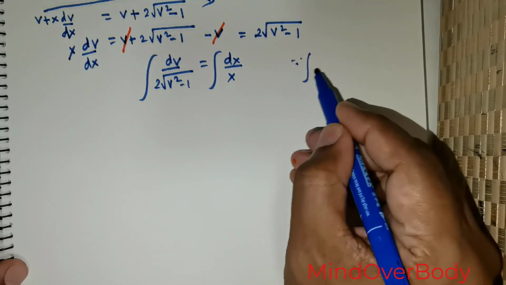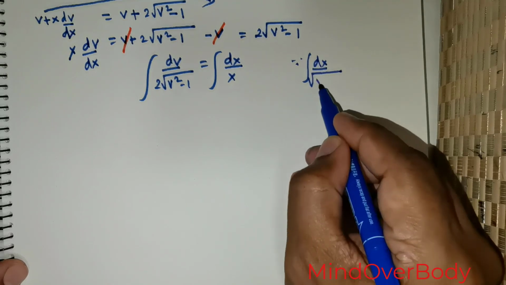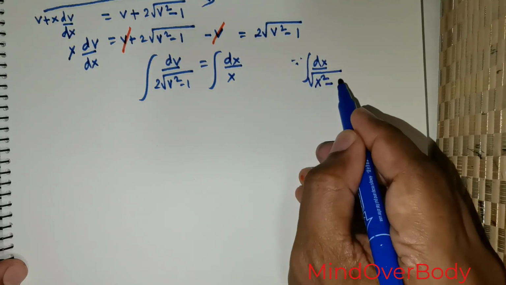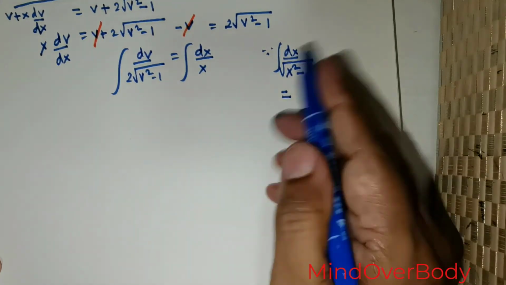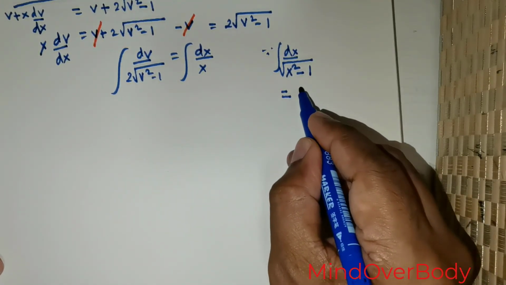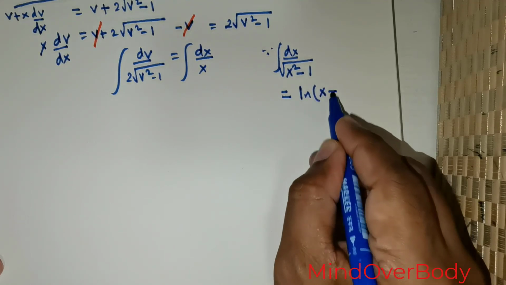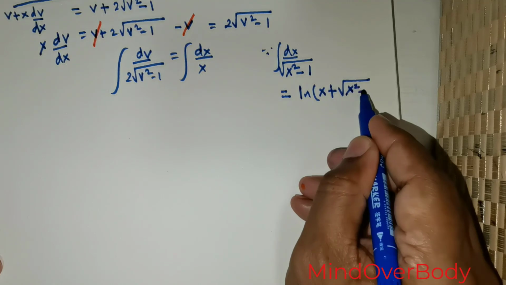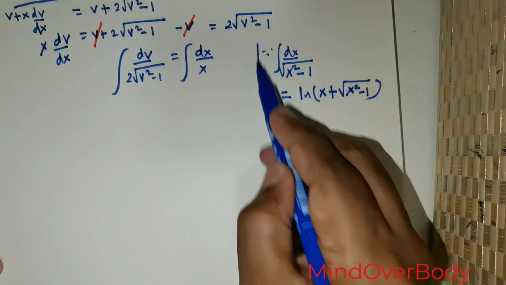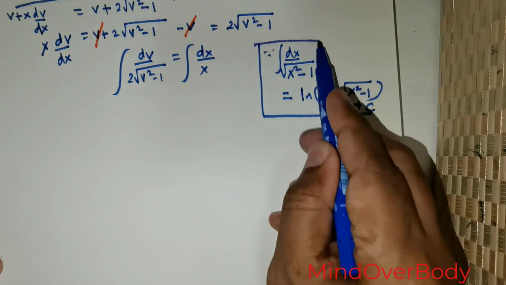Since the integral of dx over root of x² − 1 is equal to, there is a formula, ln of x + root of x² − 1. So we can use this formula. Of course there is an arbitrary constant c.